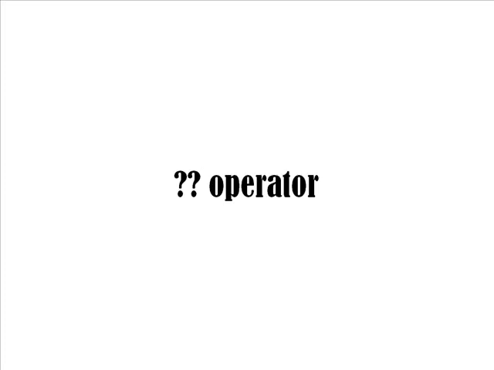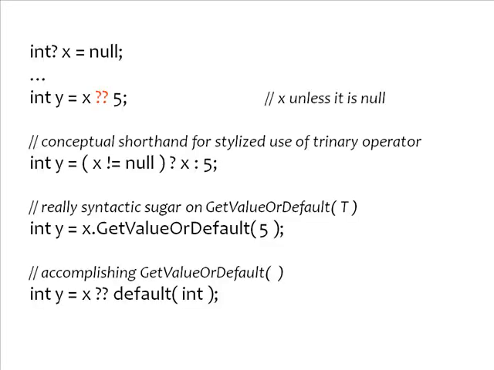We also have a double query operator, and I'm not really sure how to pronounce that. Here I've got an int? called x, and let's set it to null. Now I can assign y the value of x unless x is null, in which case assign it the value of 5. So I use the double query operator, the double question mark operator.